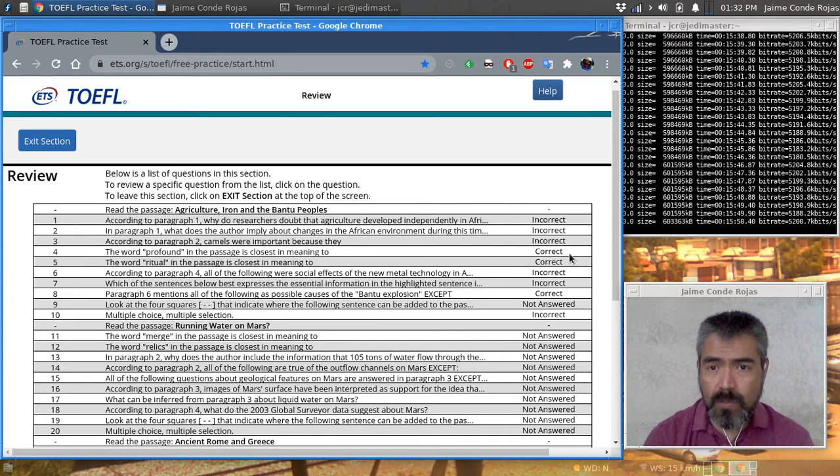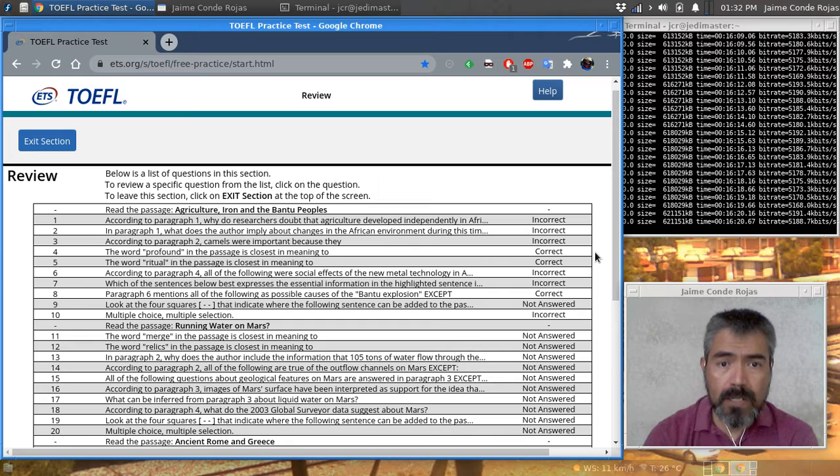Once you understand what the text is about, focus on the questions, focus on the possible answers, and read again that part of the text that has those possible answers, and that will be your best approach to answering the TOEFL test correctly.